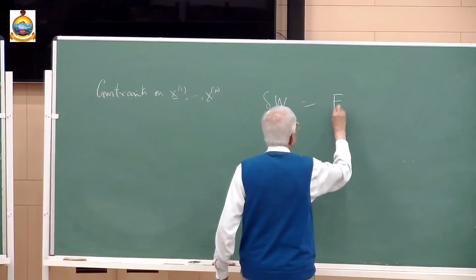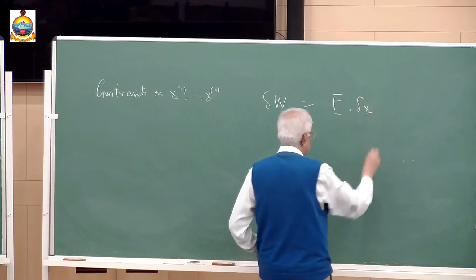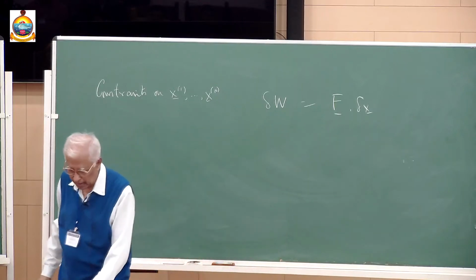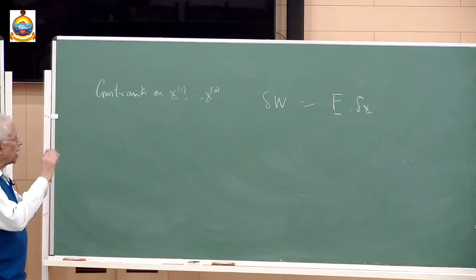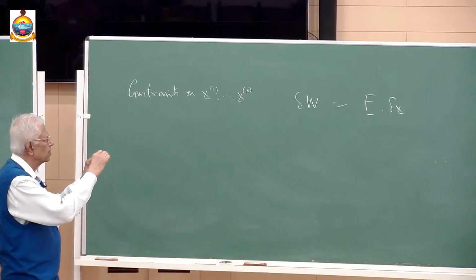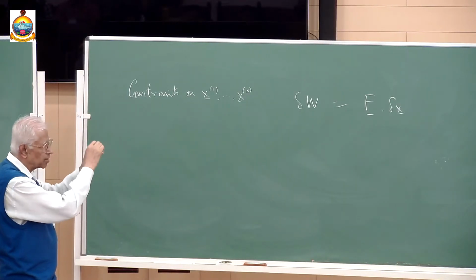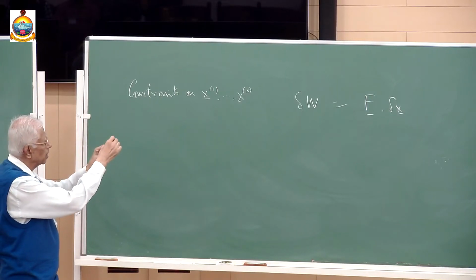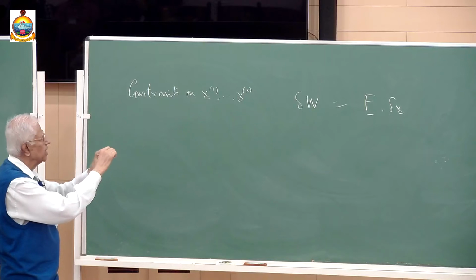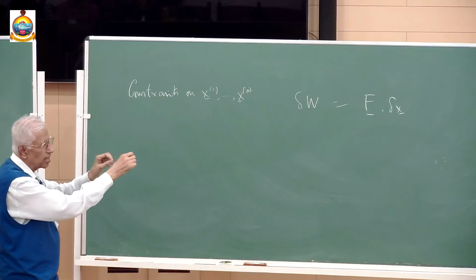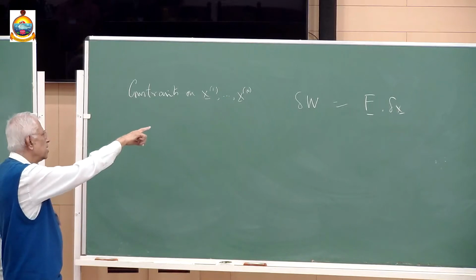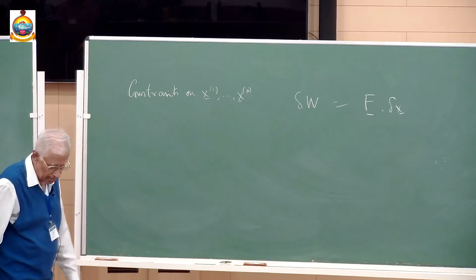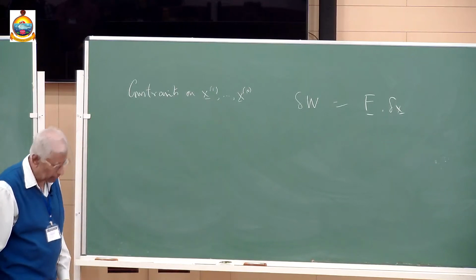I will just write it first and then explain it. Suppose that a force F acts at a location x. Every force has a point where it acts. So capital F is acting at the point x. Imagine x moves to x plus delta x. The work done by that force in that small displacement is written as delta W.